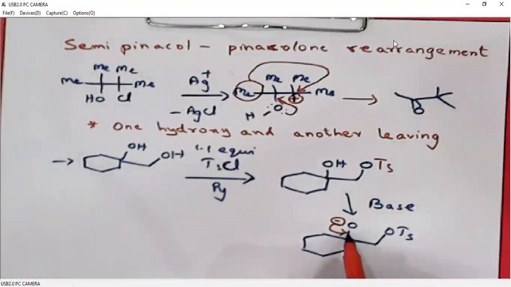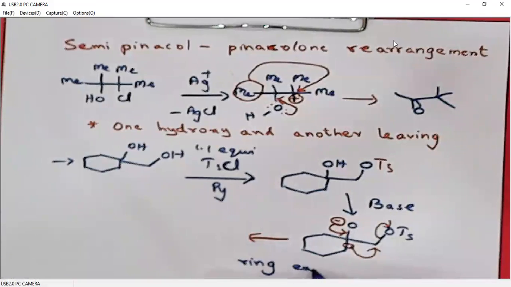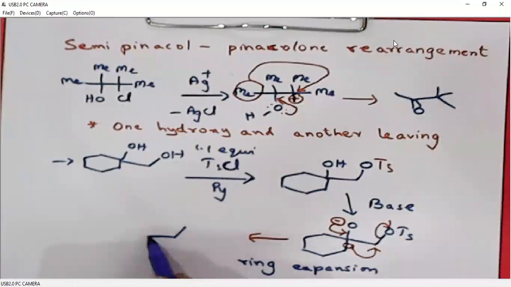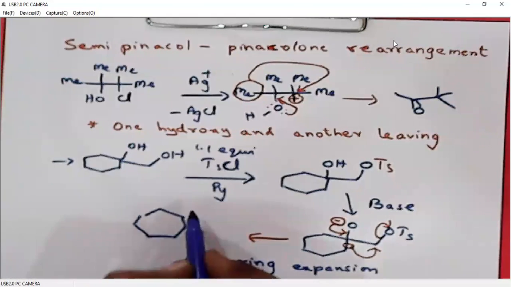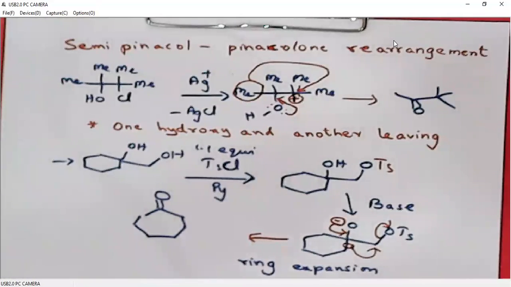That means polarization towards carbon to generate the carbon-oxygen double bond, then migration of this carbon to the OTs carbon. Then OTs will be leaving. So previously it was a 6-membered ring. We have ring expansion, so we will get a 7-membered ring, cycloheptanone.